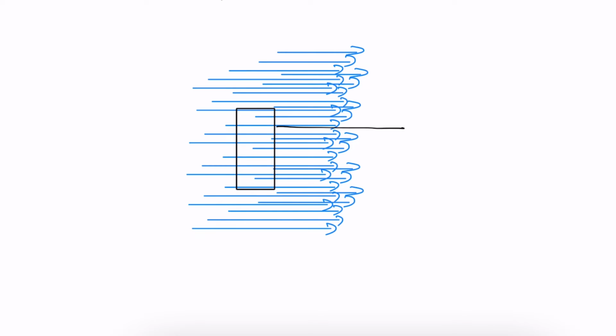So this is unit area. Here I take a unit area plate. So the field lines pass through the unit area, and the condition here is that the unit area should be perpendicular to the field lines.